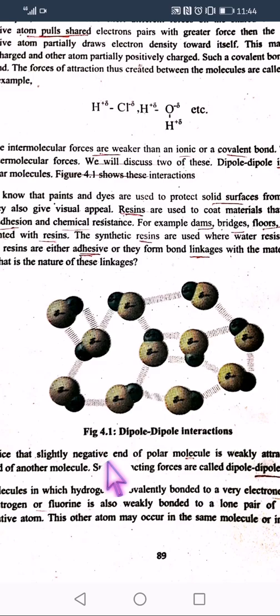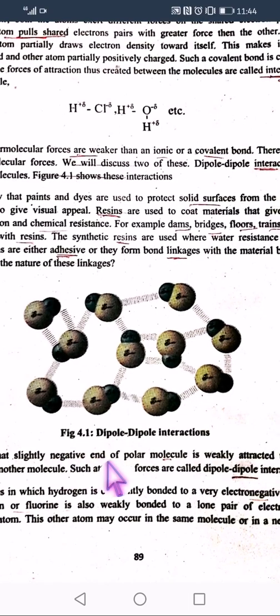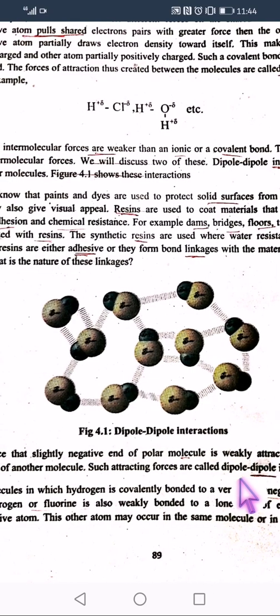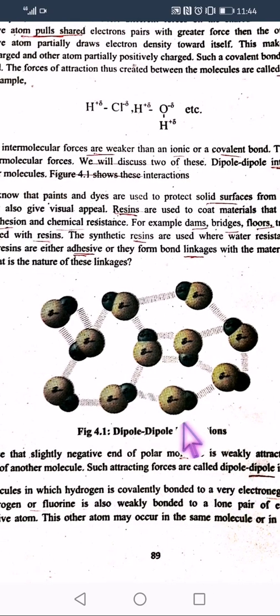The slightly negative end of a polar molecule is weakly attracted to the positive end of another molecule, and such forces of attraction are called dipole-dipole interactions. As you can see above, hydrogen has a slightly positive charge, chlorine has a slightly negative charge. It means they have polarity, the polar molecule, and the interaction will be called dipole-dipole interaction.